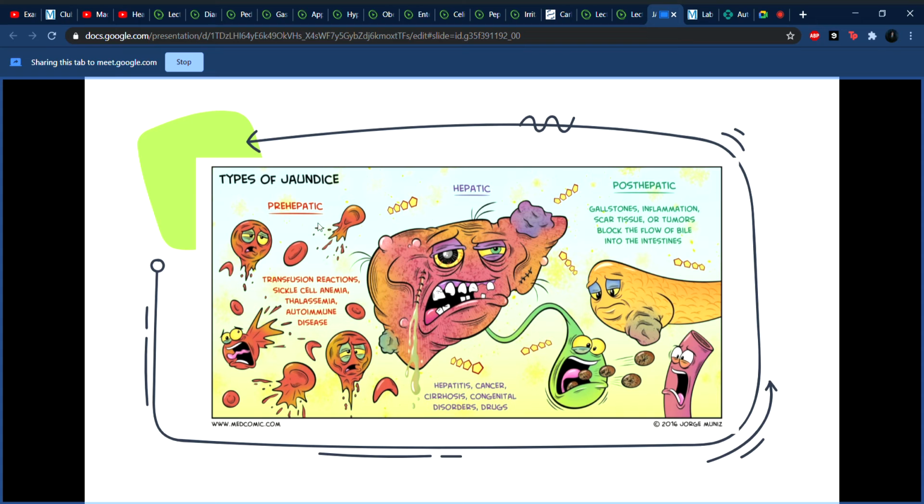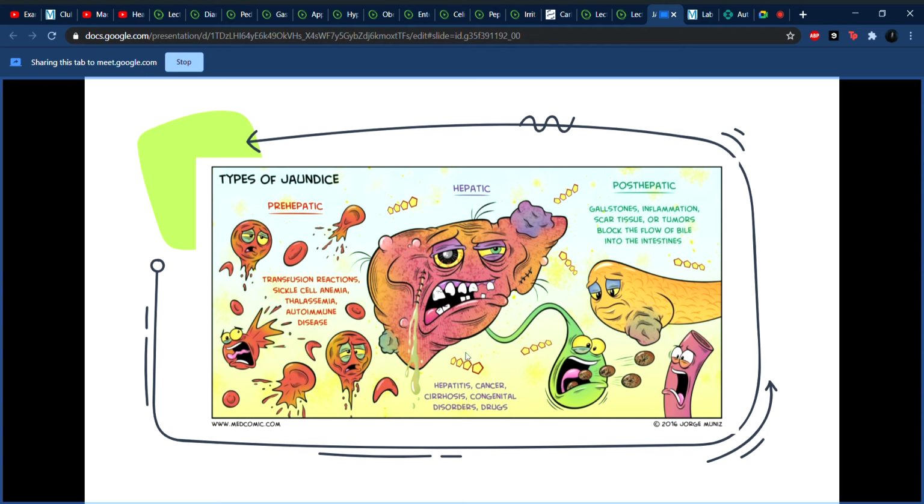So the examples for the types of jaundice. For prehepatic, there are transfusion reaction, which is now not that common, sickle cell anemia, G6PD, thalassemia, IHA, autoimmune hemolytic reaction.